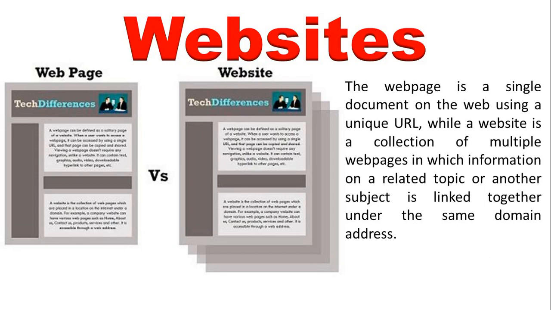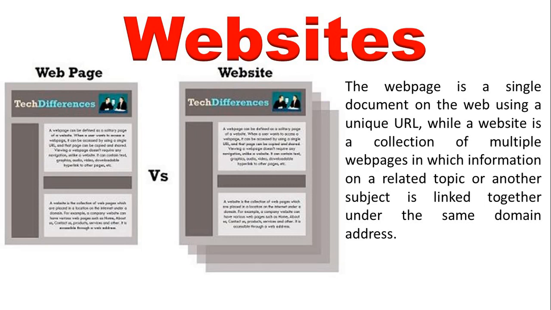The web page is a single document on the web using a unique URL, while a website is a collection of multiple web pages in which information on a related topic or another subject is linked together under the same domain address. So what have we drawn as the meaning from this given text statement?